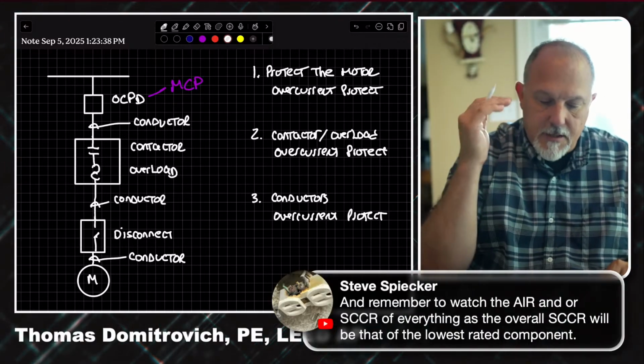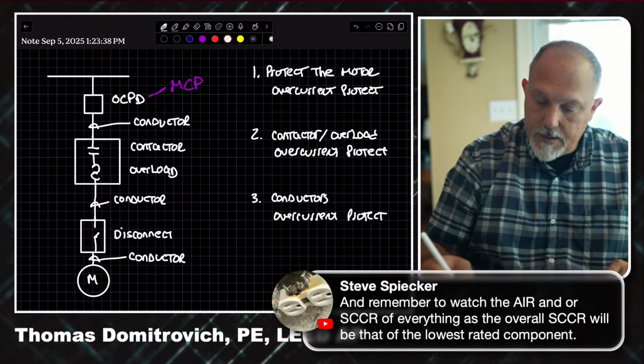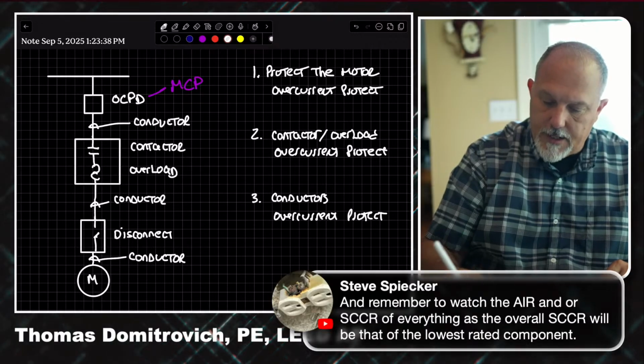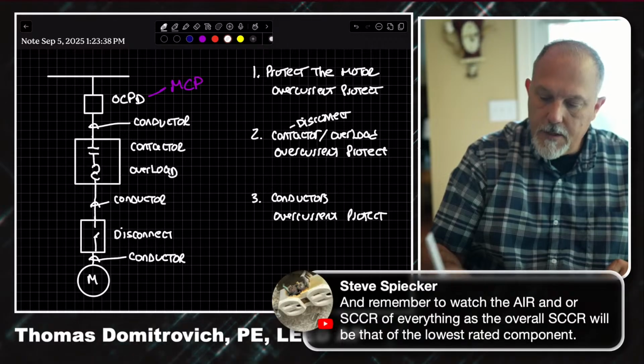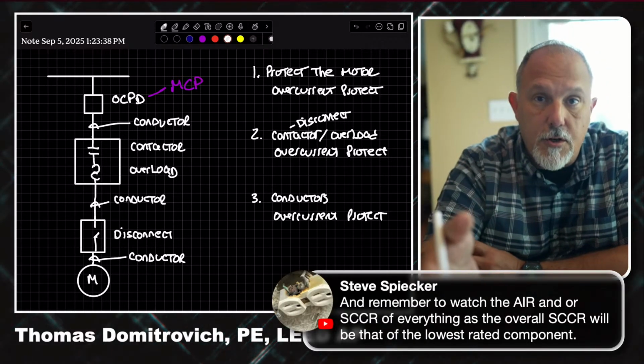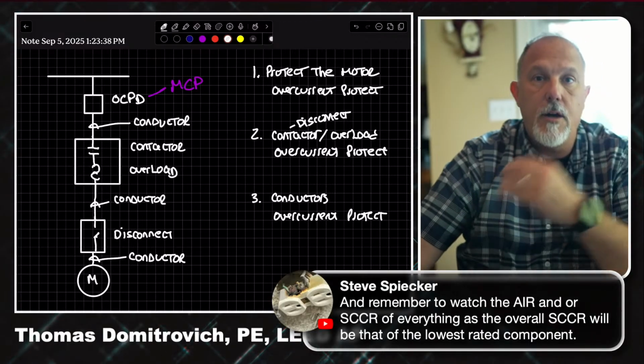All right, so I got to protect the motor. I got to protect the components, the disconnect switch too, right? Contactor, overload, and I'll throw the disconnect in there too. The disconnect is going to have a short circuit current rating, to Steve's point, and I have to make sure that all of those components.